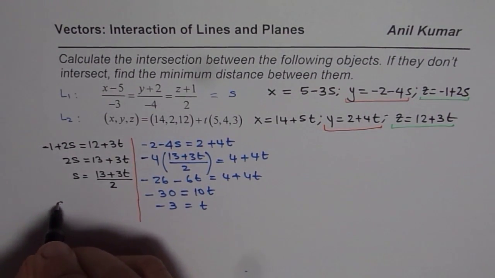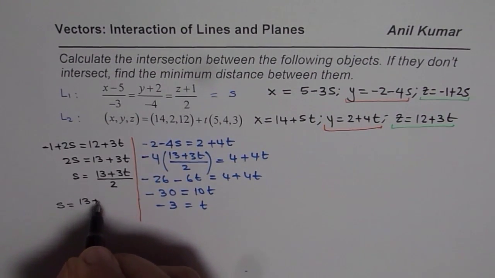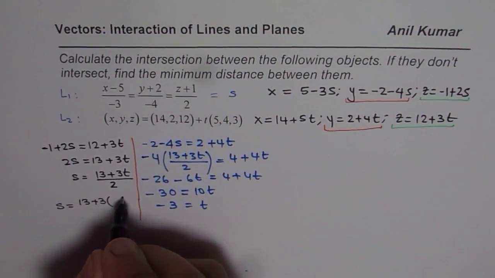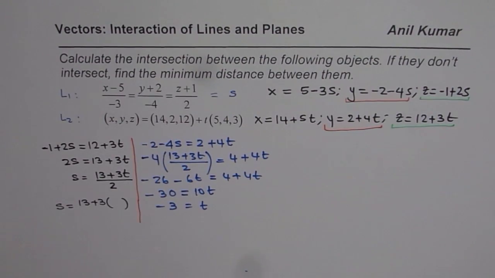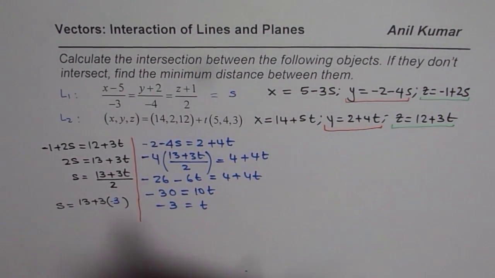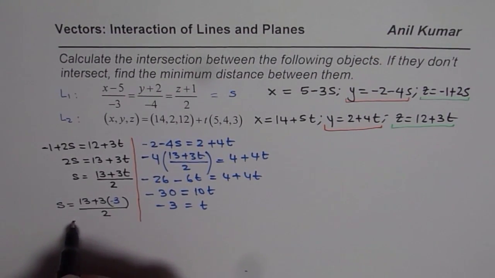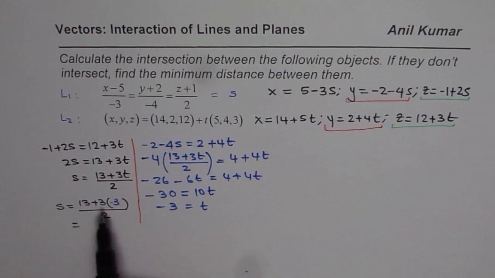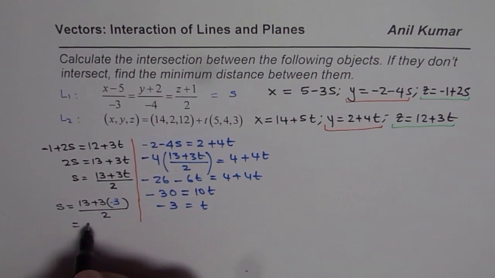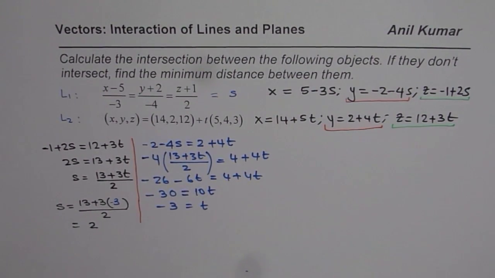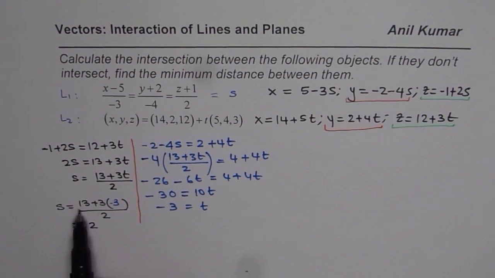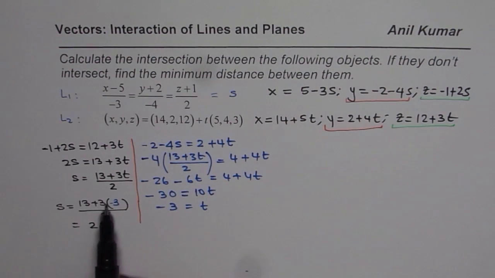So s is equals to (13 plus 3 times minus 3) divided by 2. 13 plus 3 times minus 3 is minus 9, so 13 minus 9 is 4. 4 divided by 2 is 2. So we get the value of s and we know the value of t.